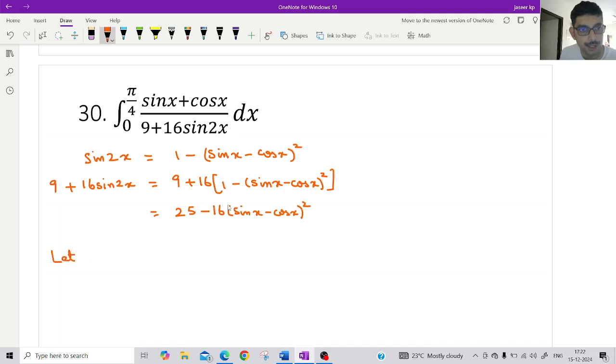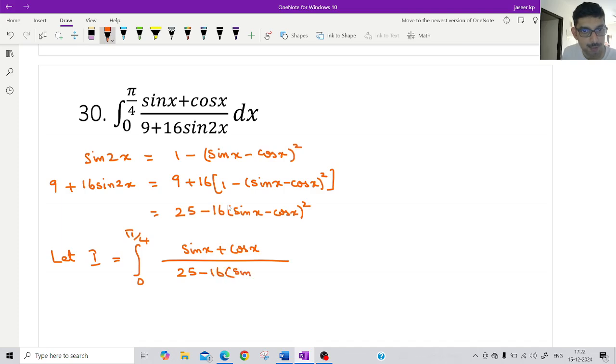So let I equal to integral 0 to pi by 4 sin x plus cos x divided by 25 minus 16 sin x minus cos x whole square dx.